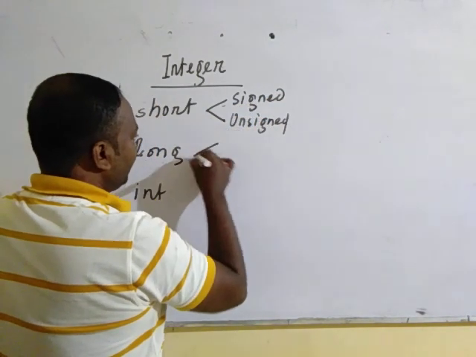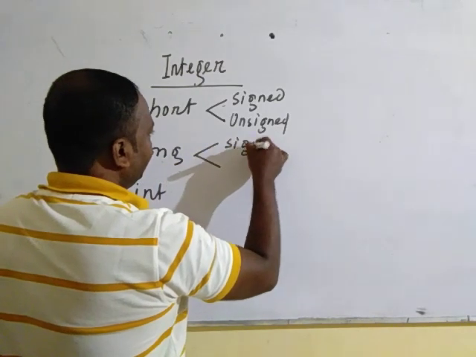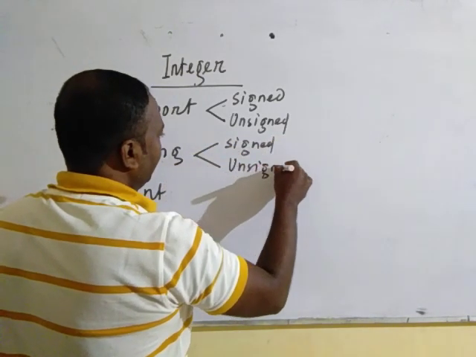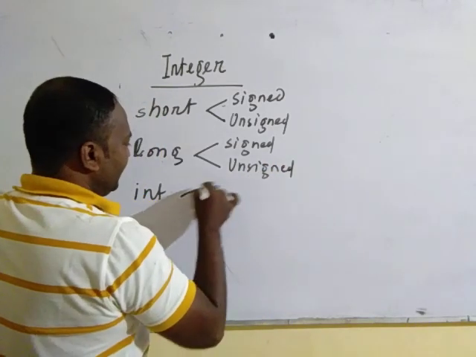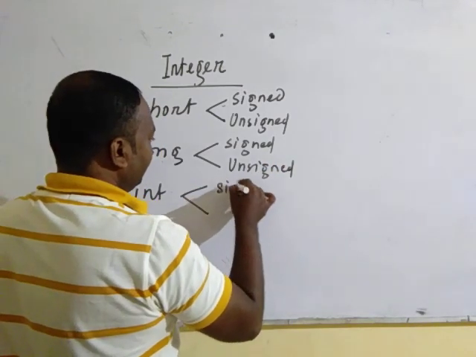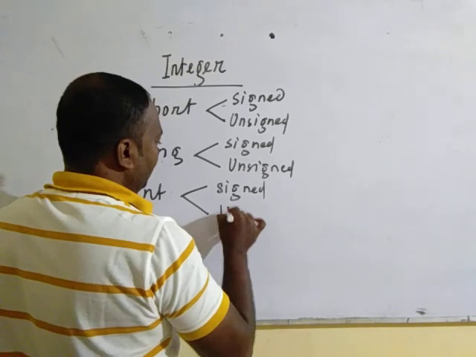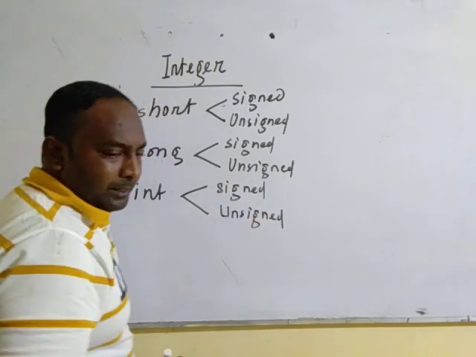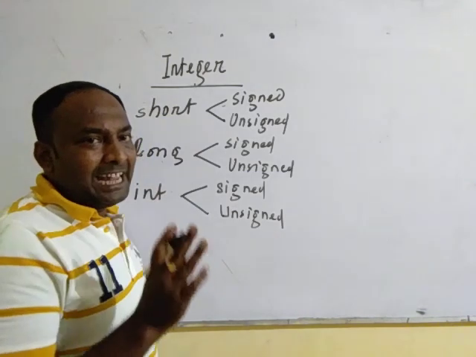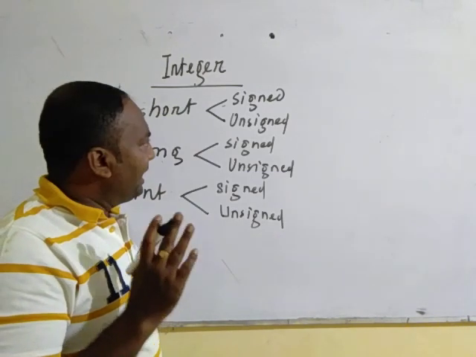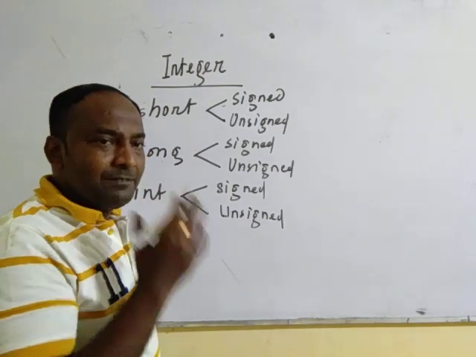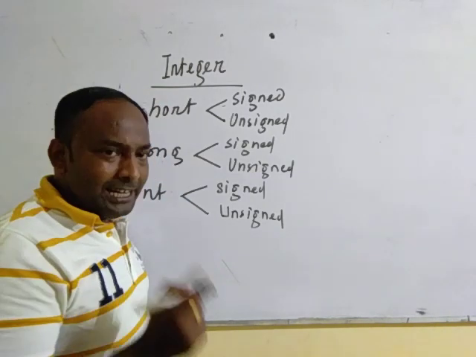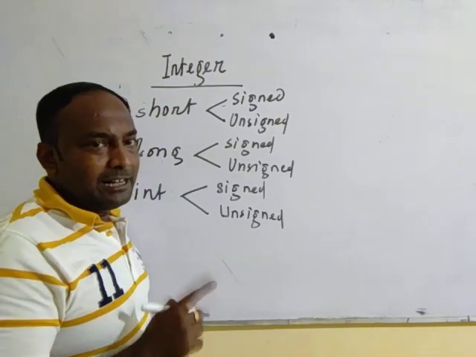Long data type can be signed or maybe unsigned. Similarly, integer may be signed and may be unsigned. So what do you mean by signed and unsigned? Signed means if a sign is given, either it is positive or negative. Unsigned means no sign is given, that means by default it is positive.